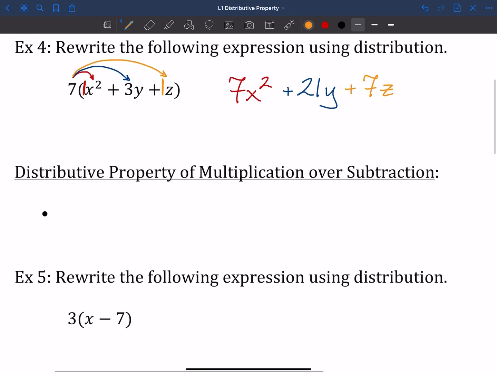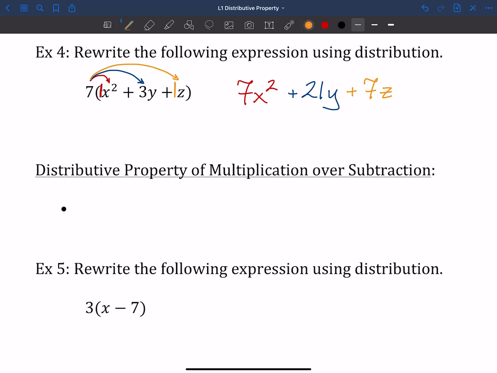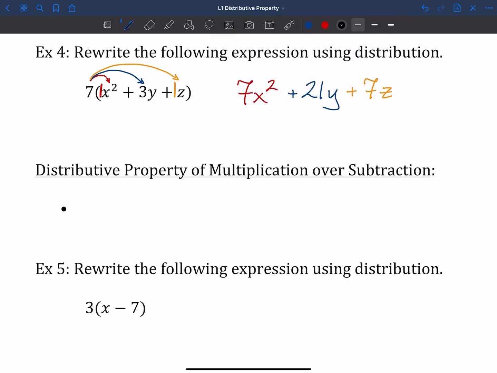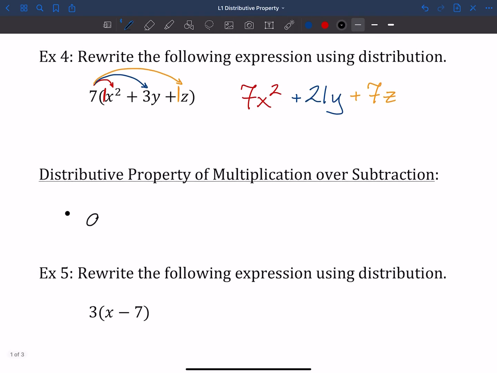So I said we take a look at what happens when you have subtraction floating around in there. We have the distributive property of multiplication over subtraction, which is just a big, long way of saying that if you have something similar to what we had up top, an a, a b, and a c, but there is subtraction in the middle, then you have to be a little more careful.